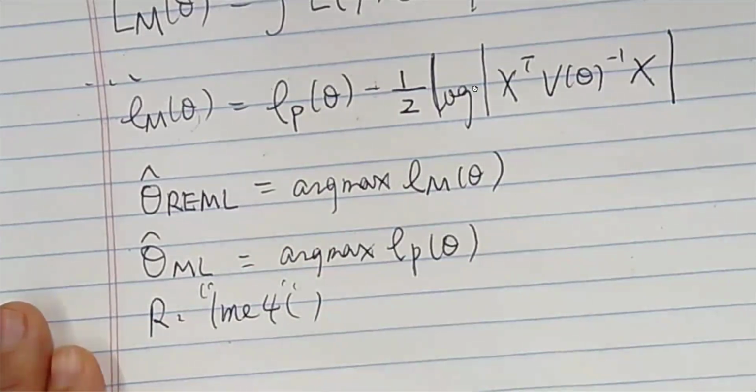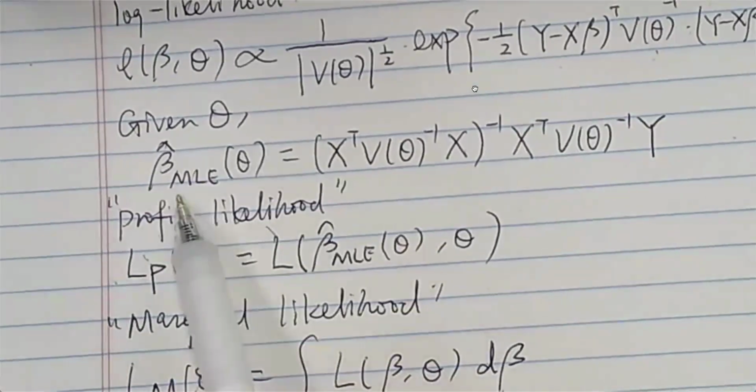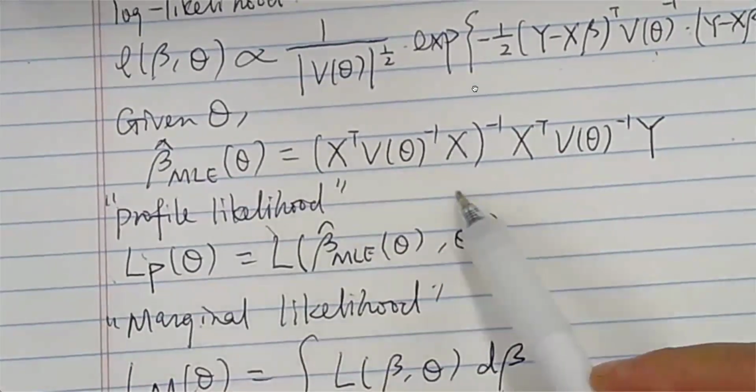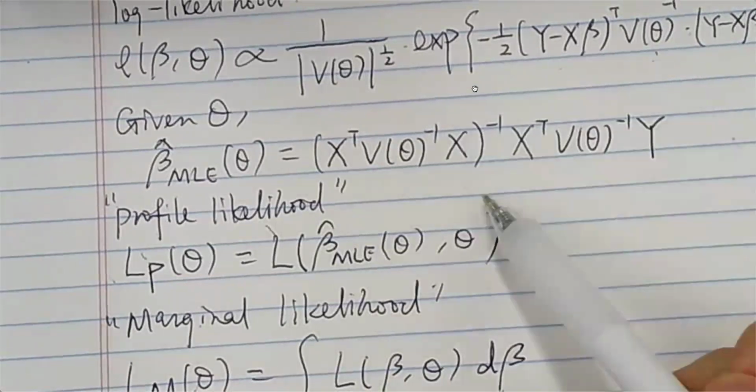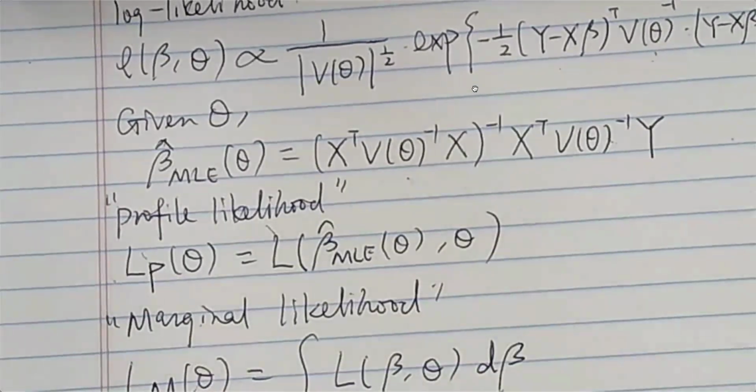And whichever one you use, the beta hat will be correspondingly estimated. You just place that theta hat into this form, and then you get the beta hat as your coefficient estimates, the parameters of interest. Okay, so that's basically what I want to say.